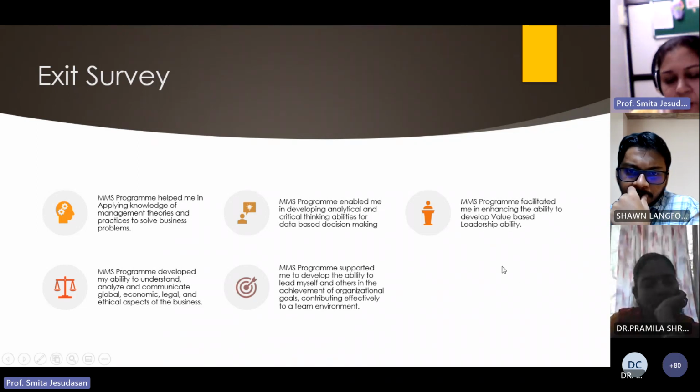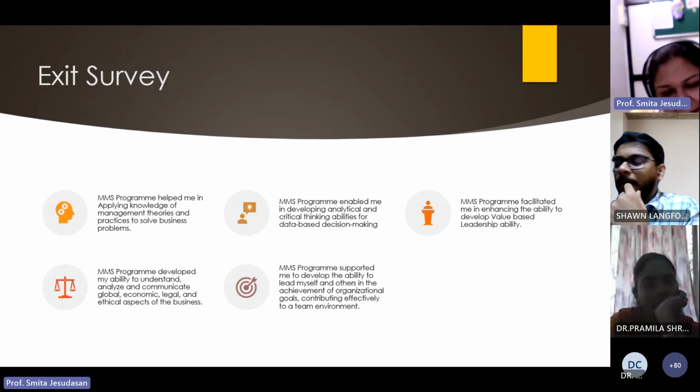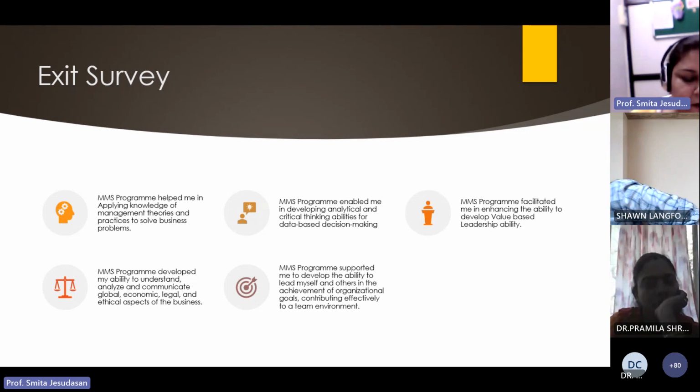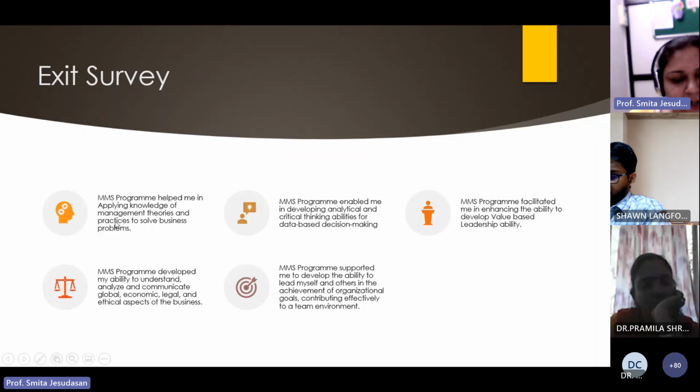So what we can do, we have our program outcome statements. We have to frame the program outcome statements in the form of a question and collect the feedback from the students. So if you see here, MMS program helped me in applying knowledge of management theories and practices to solve business problems.